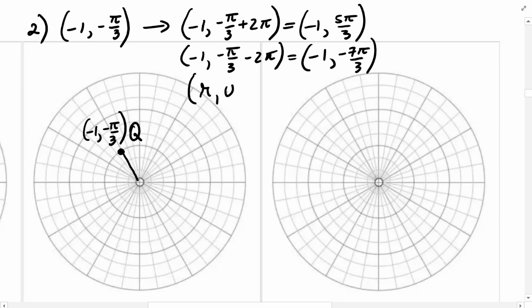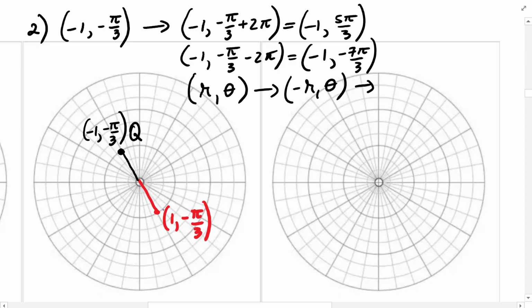Again, we know that r, theta and negative r, theta are opposite, right? So they are symmetric, or a reflection through the origin. So then let's draw this. This would be 1 and negative pi over 3.